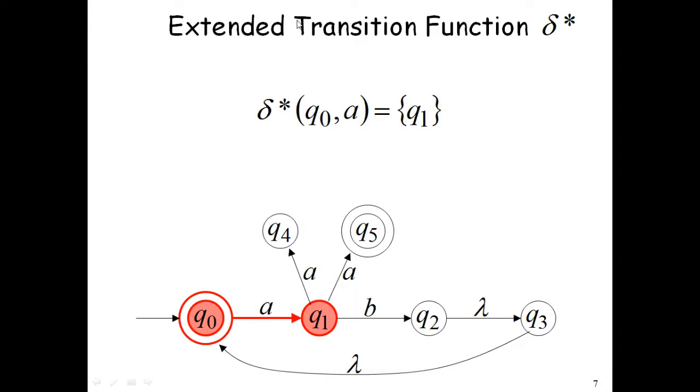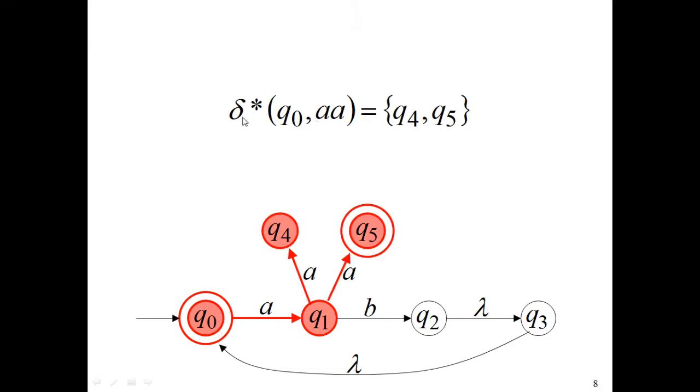Now when we look at the extended transition function, it means that instead of a single symbol or single input alphabet, we try and process more than one alphabet. We start with the extended transition function of Q0 A. As represented by the red circles, it goes to state Q1. Now the extended transition of Q0 AA.